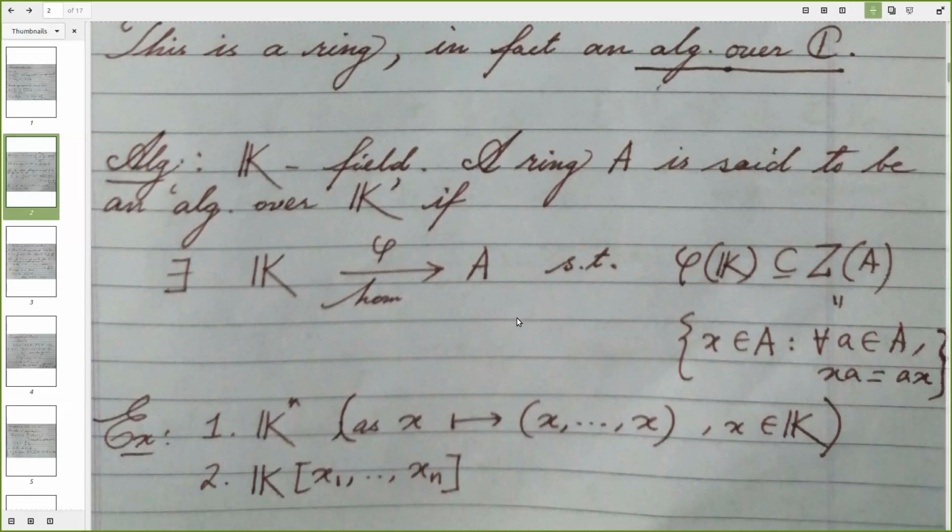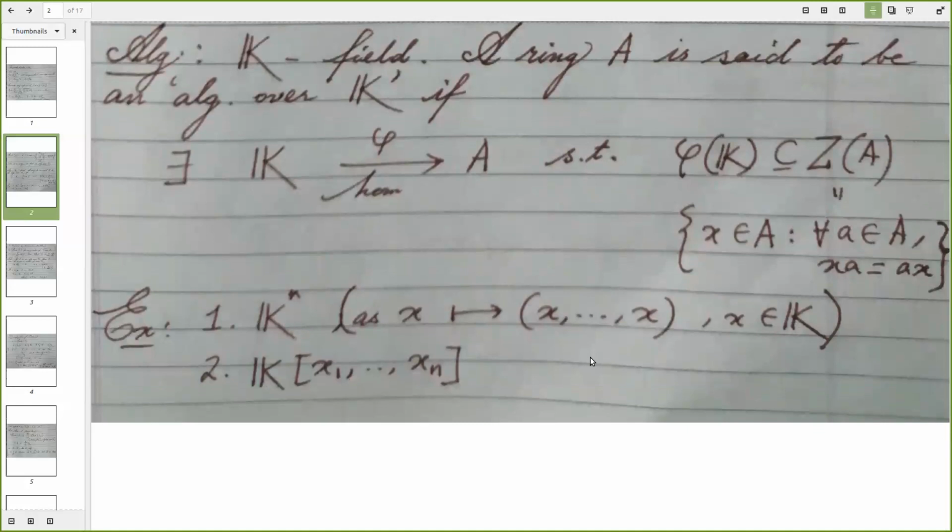Okay, so let me give you some examples of K-algebras where K is a field. One very easy example is K itself. In fact, more generally, K^n. K^n is of course a ring with respect to component-wise addition and component-wise multiplication. And now you can consider the following homomorphism from K to K^n.